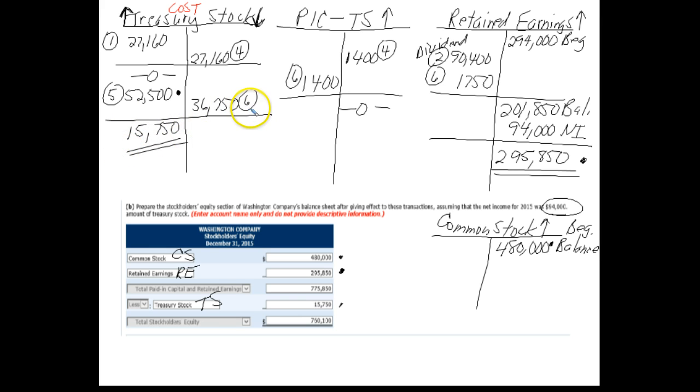So transaction 6, we had the debit to these two accounts and then the credit to treasury stock. Okay, so now treasury stock has a balance of $15,750. And then just add up all three and you will get a total stockholders' equity of $760,100.